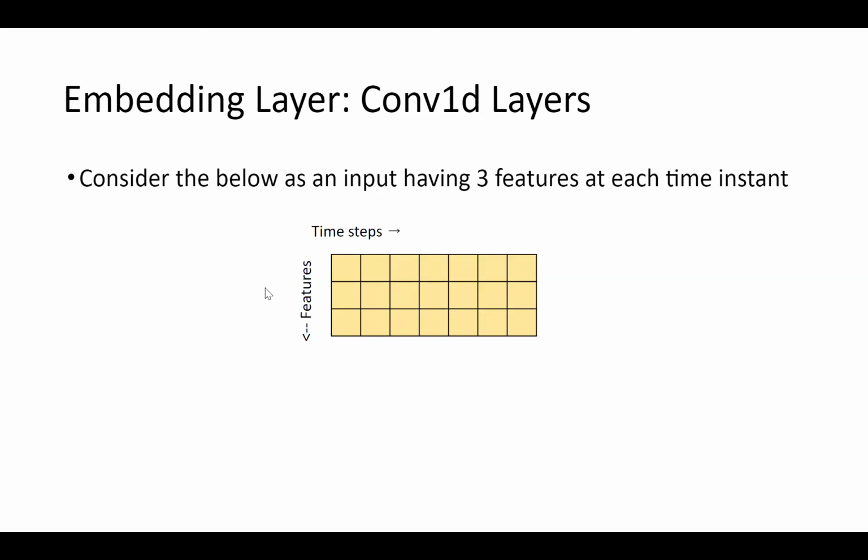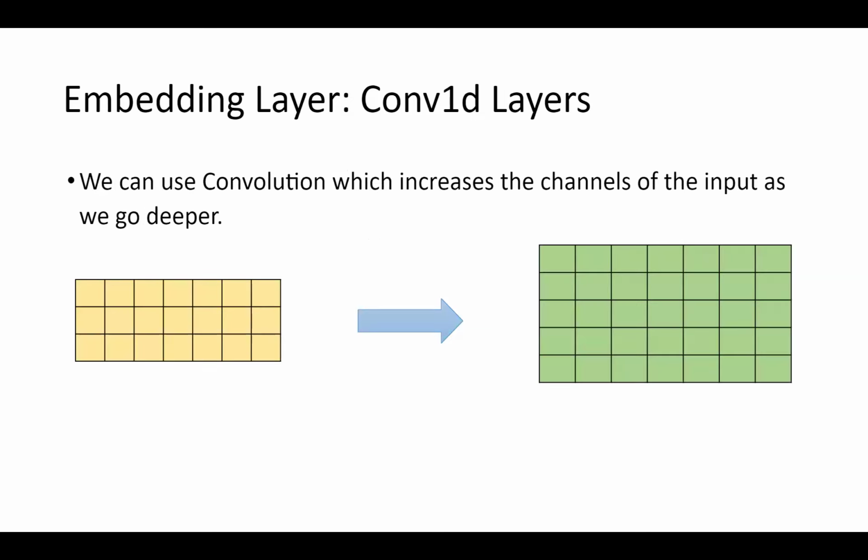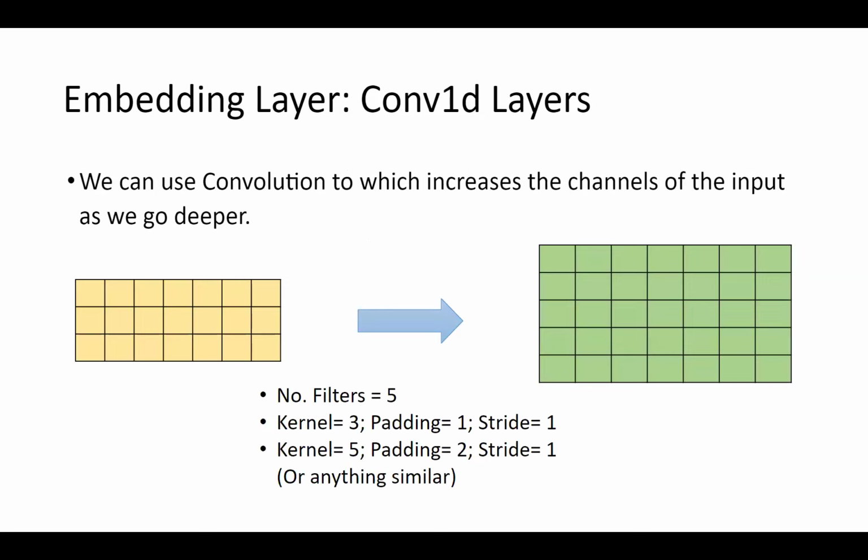We can increase the number of features, for example to 5 features, by using the convolutional neural network. And there can be different settings of kernel, padding, and stride that we can experiment with in order to increase the number of features.